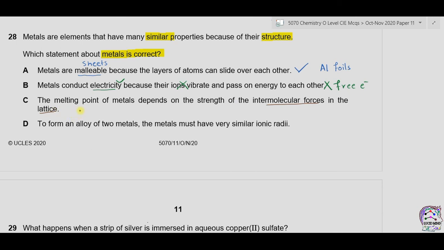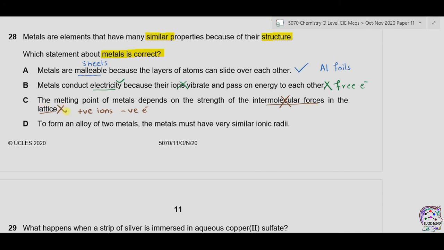Now what happens in a metallic lattice is that positive ions are present surrounded by negative electrons. So the force of attraction between positive ions and negative electrons will result in the high melting point of metals. As only atoms are present, not molecules, intermolecular forces are not present.